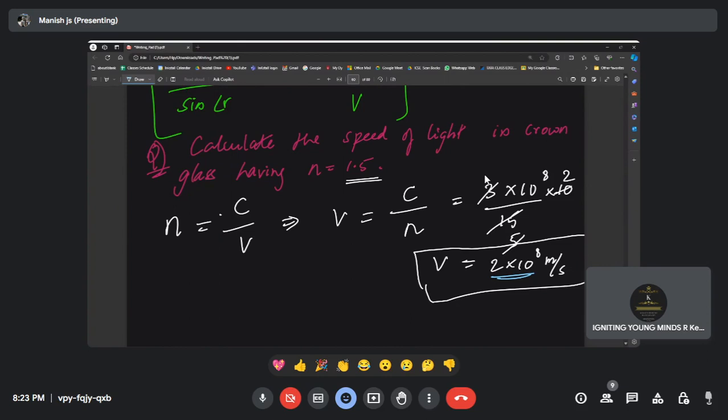Now, questions can also ask you what is the percentage by which it is decreased. So what will be the answer, children? If the question is what is the percentage decrease, who can tell me the answer?